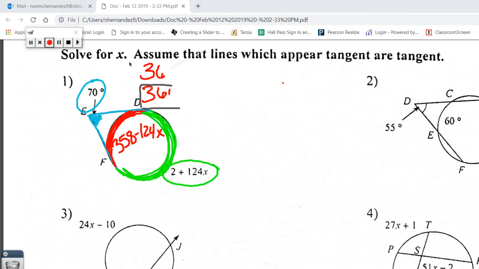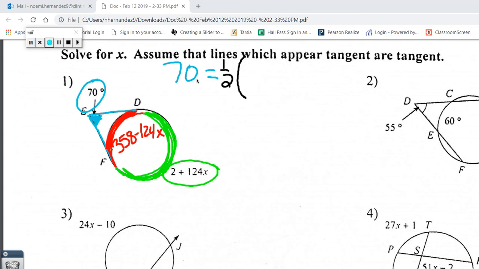So I'm going to erase this, and we're going to write our formula. Our formula says that our arc, so that means 70, equals 1/2 parentheses our biggest intercepted arc, which is going to be 2 plus 124x.